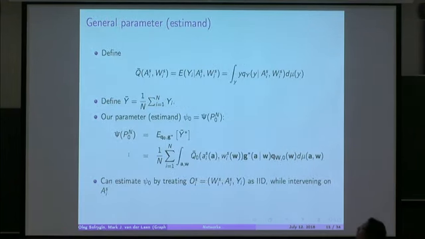Okay, now we have one more step. We need to define the conditional expectation. We'll introduce new notation that defines the conditional expectation of the outcome as Q bar.